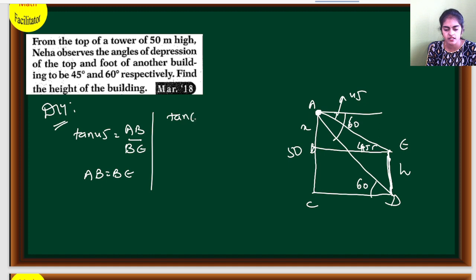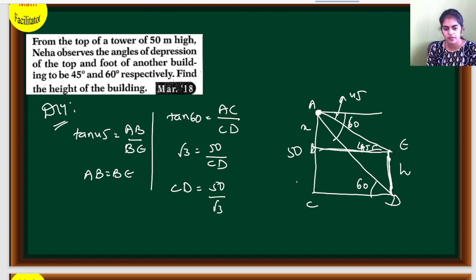Now take tan 60. tan 60 equal to AC by CD. So tan 60 is root 3 equal to AC is 50 by CD. CD is nothing but equal to BD. So what is the CD value? 50 by root 3. Actually CD or BD are the same, and BE is the same. So AB is also 50 by root 3, right, because AB and BE are equal.